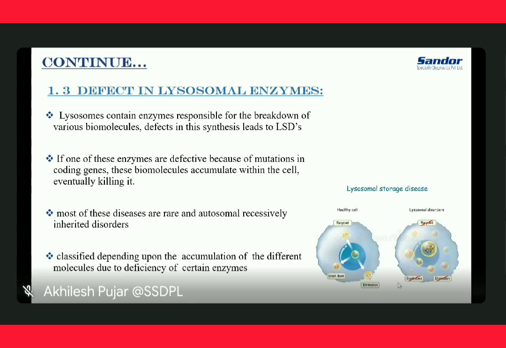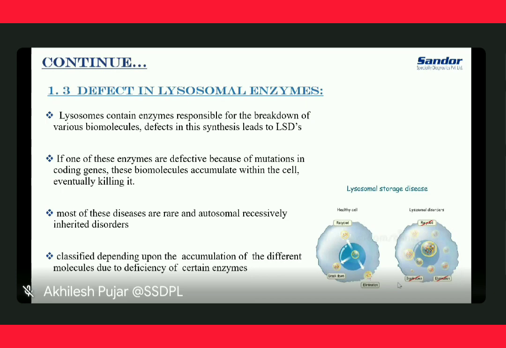As I said, these enzymes break down the biomolecules. Due to the defect in the enzyme, these biomolecules start to accumulate within the cell. Instead of becoming smaller units, they stay as they are.